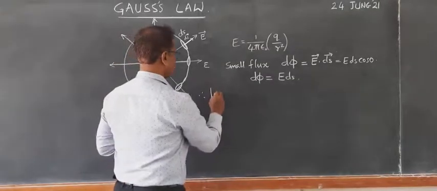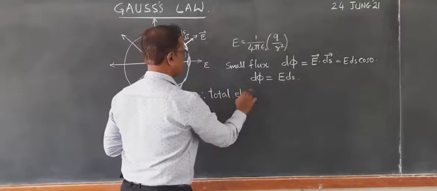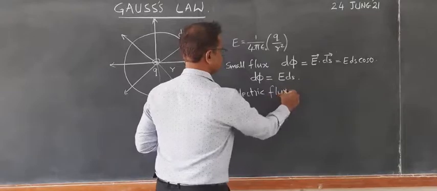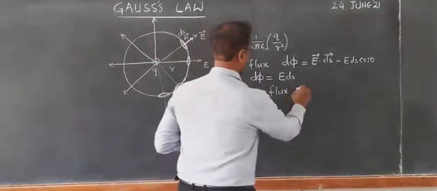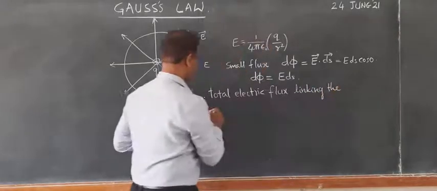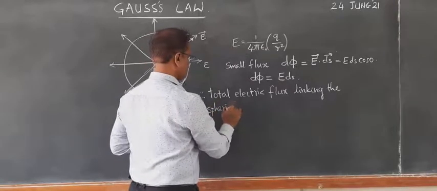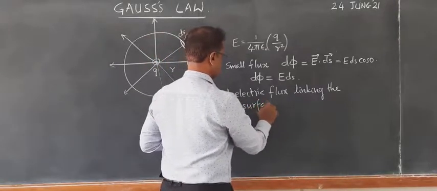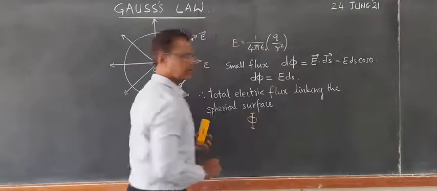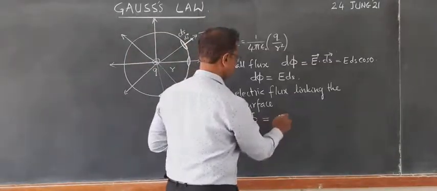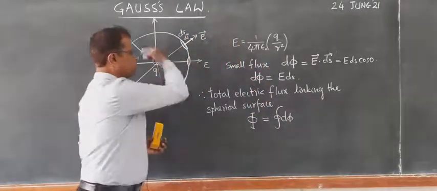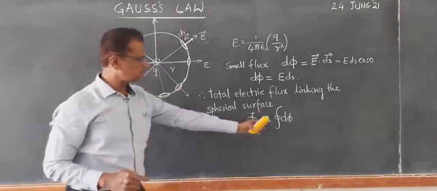Therefore, the total electric flux linking the spherical surface is denoted by capital Phi, equal to the integral of such d phi throughout the enclosed surface. So it is called a surface integral.